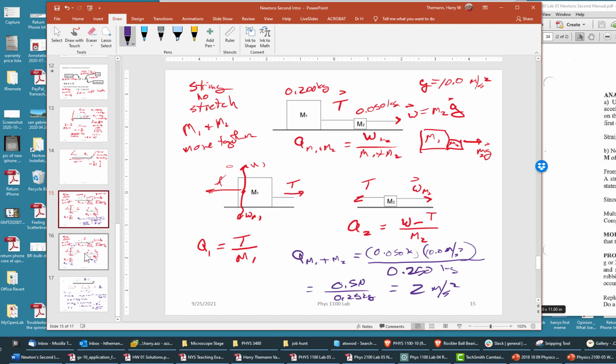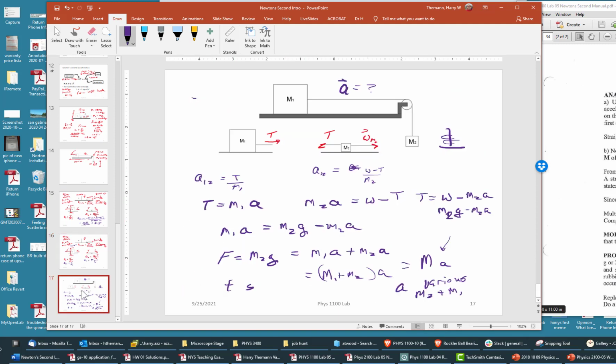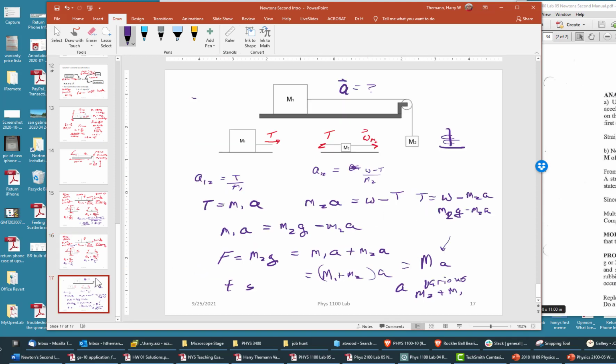Then we can substitute in for the acceleration of each block. Because they're tied together, they have to have the same acceleration, which would be the total acceleration.